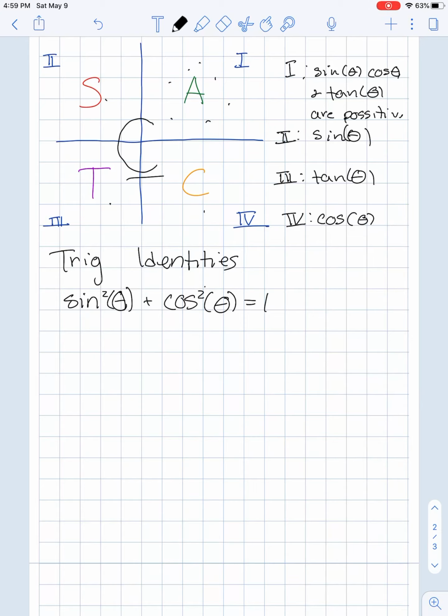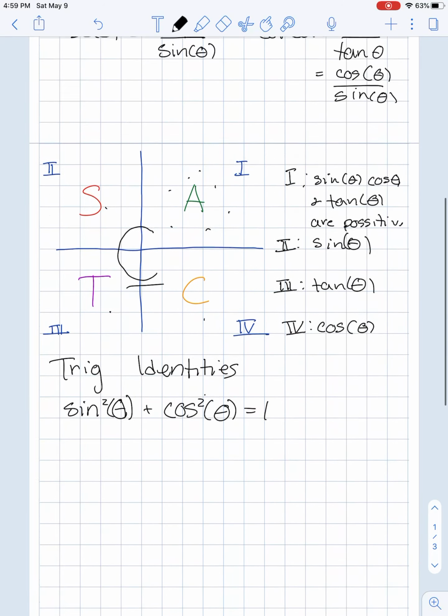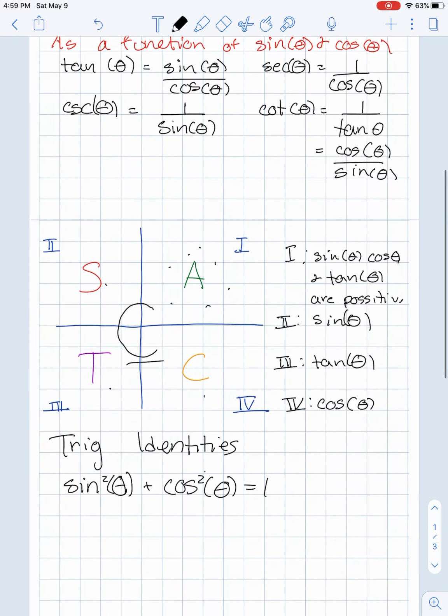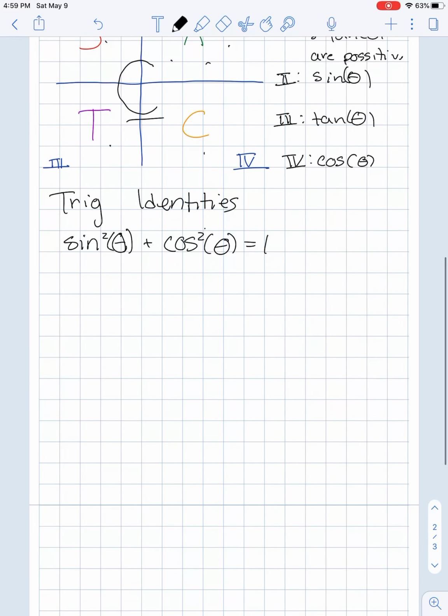We write the squared right here, just so you know that it's like the function squared, not theta squared. So it's basically saying cosine times cosine, not cosine of theta squared. All right. So with this identity, I can get 2 more using these functions of sine and cosine.